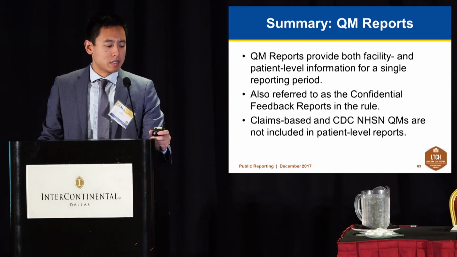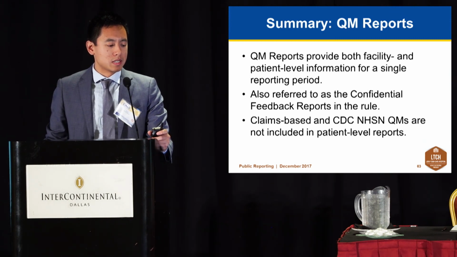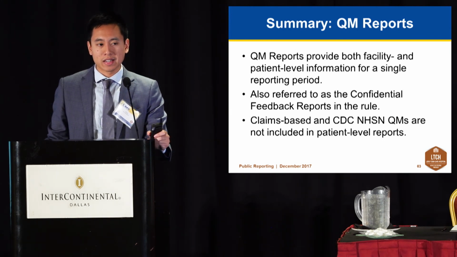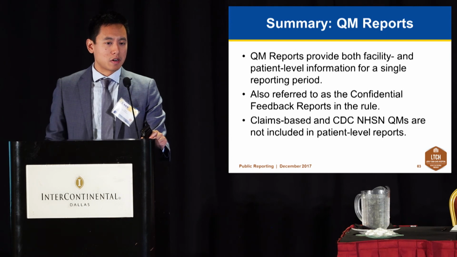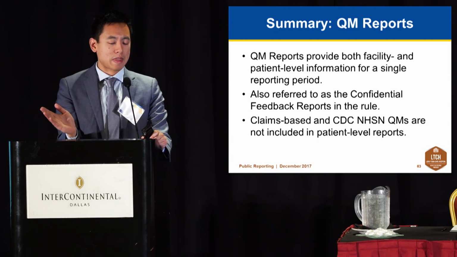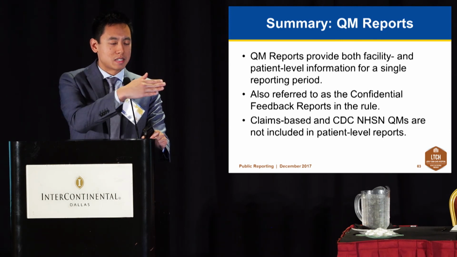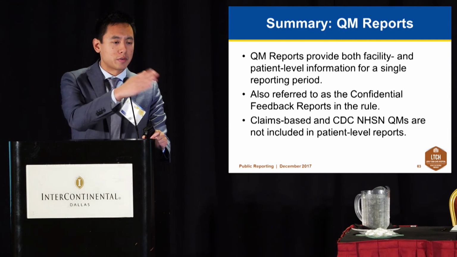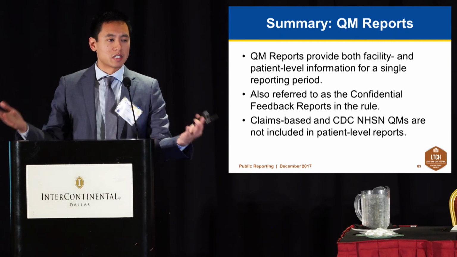For the QM reports, it provides both facility and patient level information for a single reporting period. And I did forget to mention earlier that when you put in a quarter end date, say December 31st, 2017, it automatically aggregates the current quarter and 3 quarters before, so pretty much a year of data.